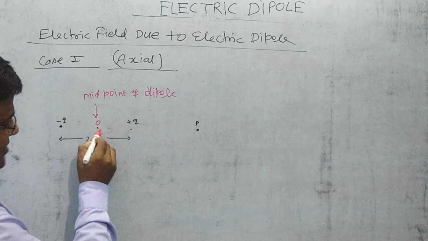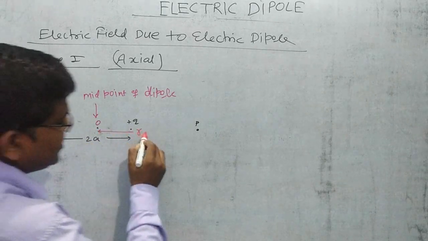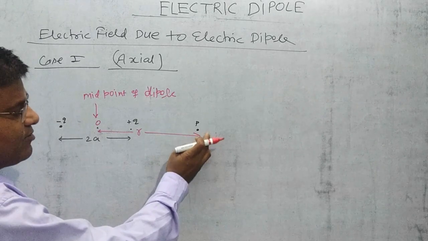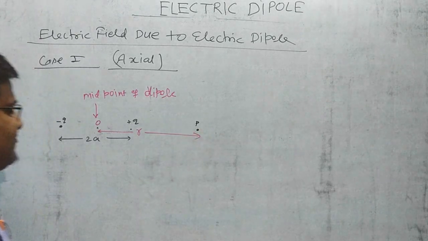For simplicity, I consider R as the distance from the midpoint O to P, where we want to find the electric field.